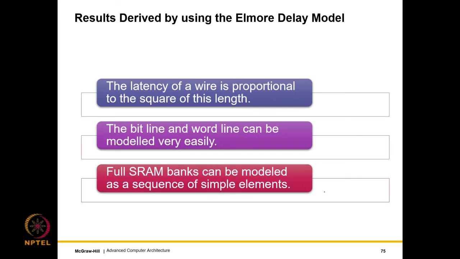So what are the results that can be derived by using the Elmore delay model? There is an example in the book where this is derived with a great amount of rigor. But essentially the key idea is: consider a long wire, like a bit line or a word line.